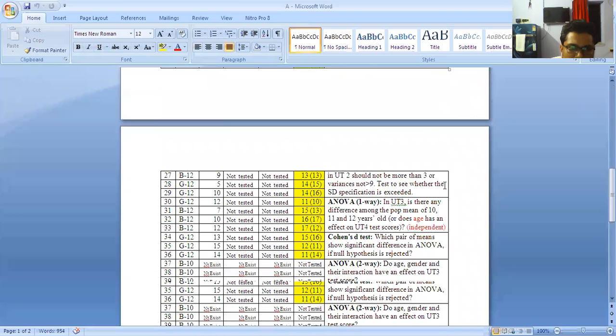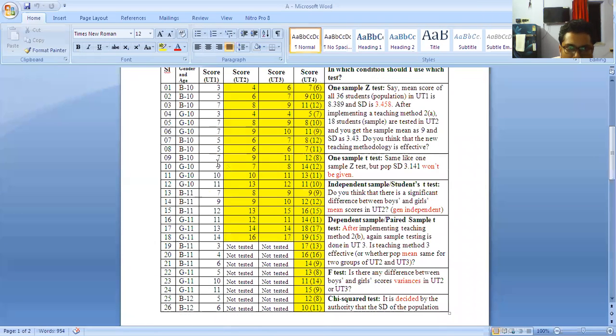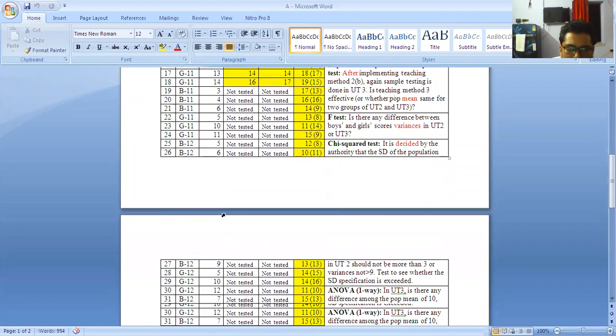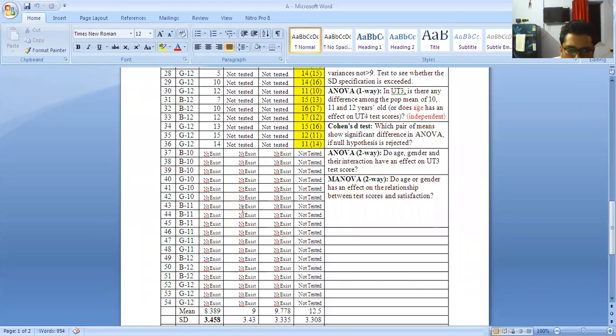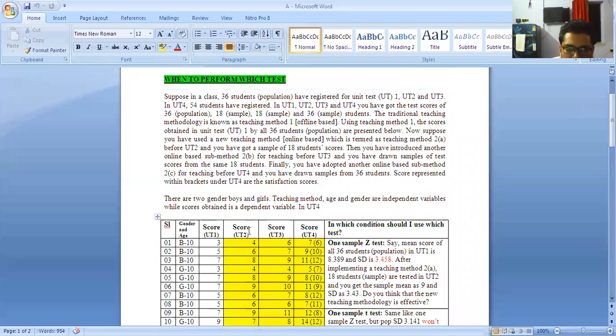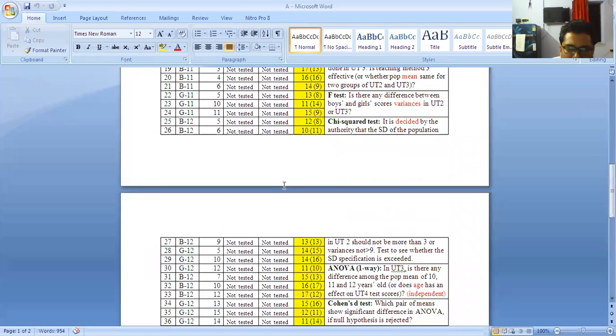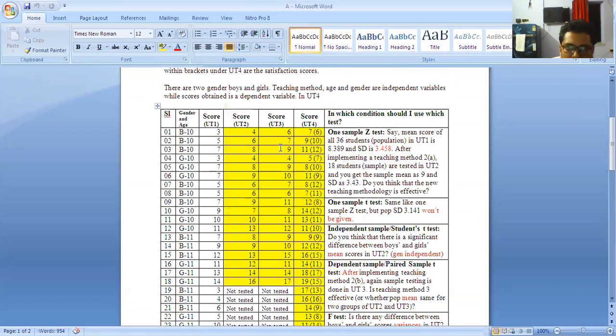You can see that 36 students have registered for unit test 1, 36 for unit test 2, and 36 for unit test 3.